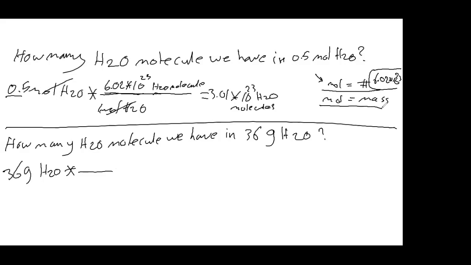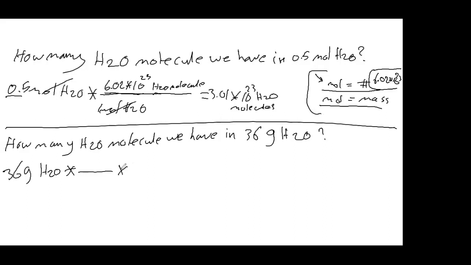We have a mass, but not mole. They are asking for the molecule. When you have a situation where they give you information about mass and they are asking for number, or vice versa, they give you number and they are asking for mass, you have to use both factors, both of them.